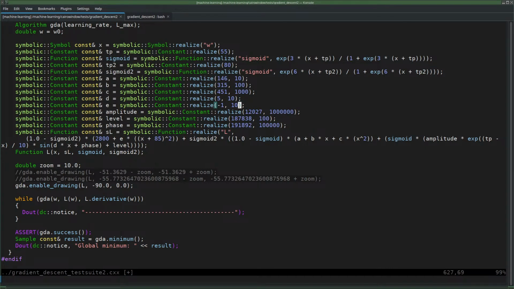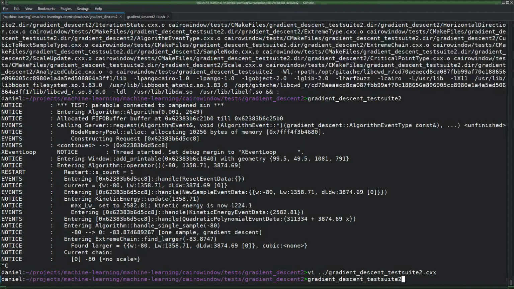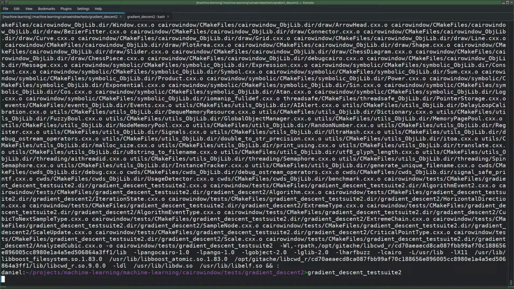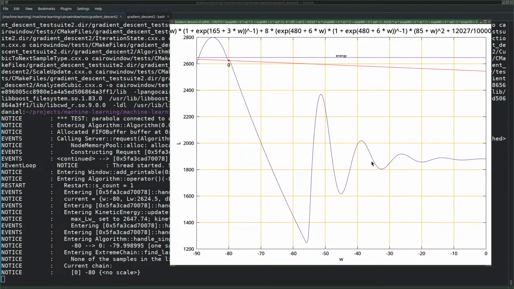That's 5 squared, that's 25, and I want to end up at minus 200, so that is 200 divided by 25, which of course I can do from my head. Minus 8. Now we're getting somewhere.